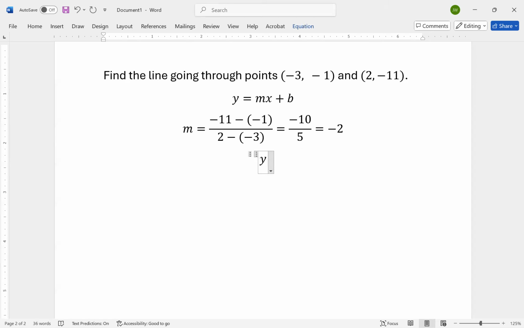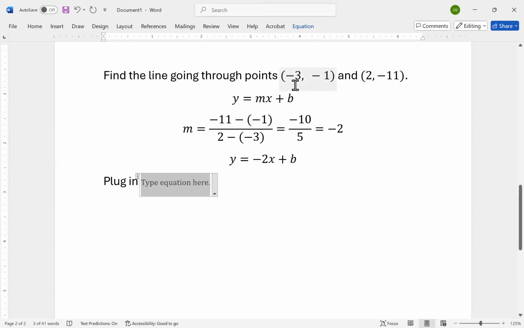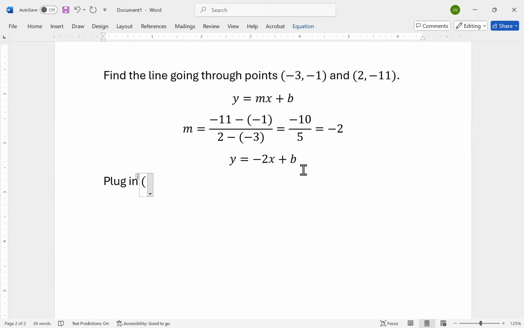This means my equation is going to look like y equals -2 times x plus b. And then I can plug in a point. Now, actually, I'm given 2 points, -3, -1, and also 2, -11. It doesn't matter which point I use. If you use -3, -1, and I use 2, -11, we'll get the same b value, or at least we should.